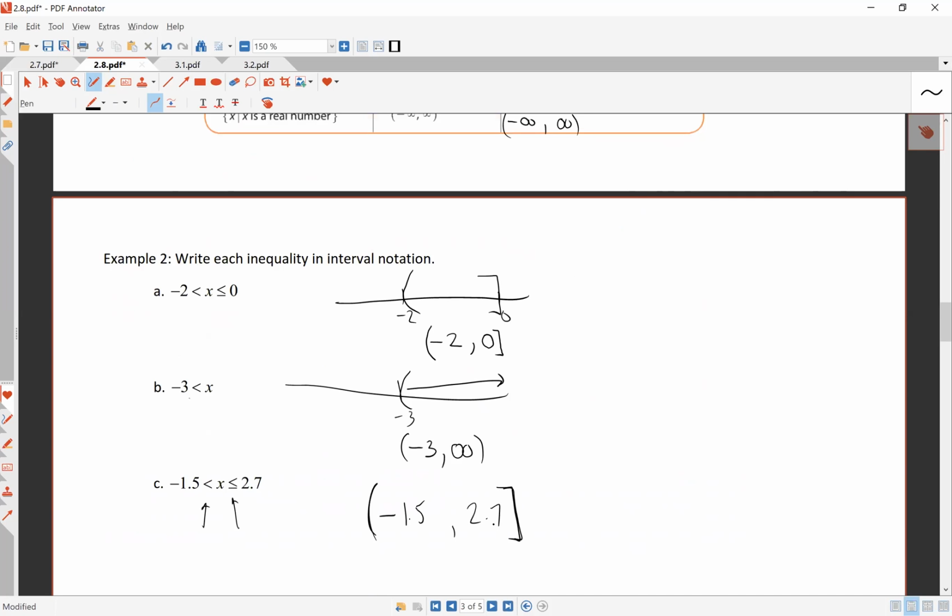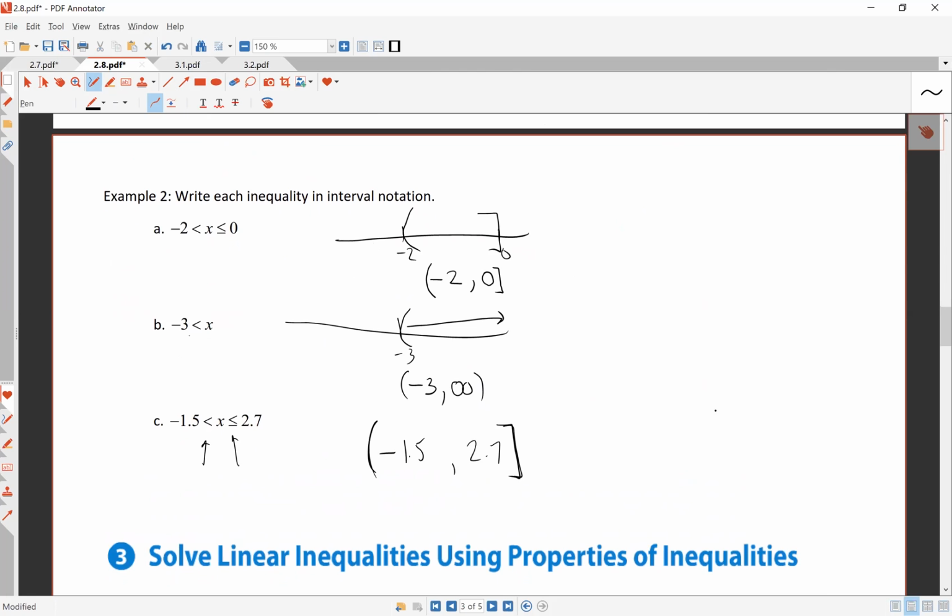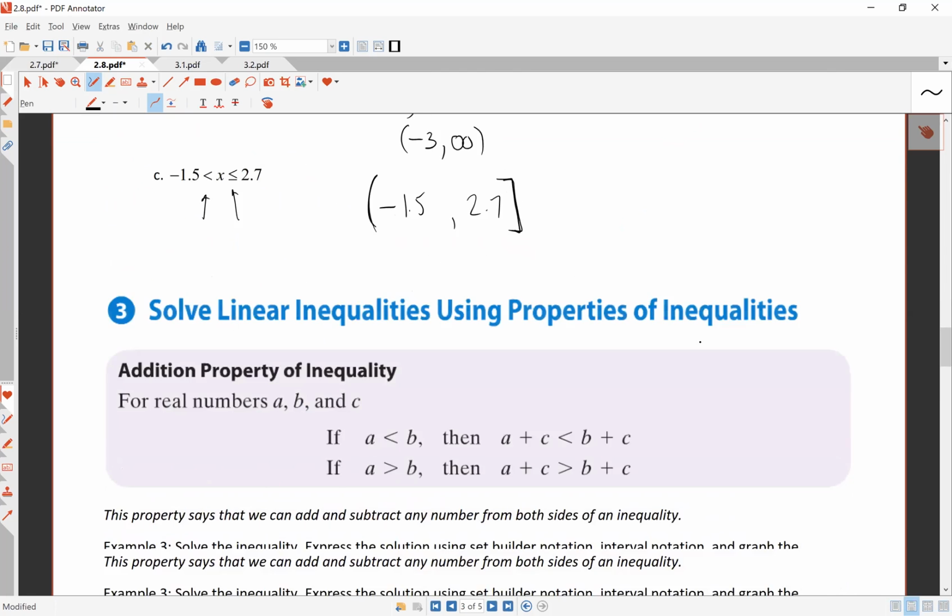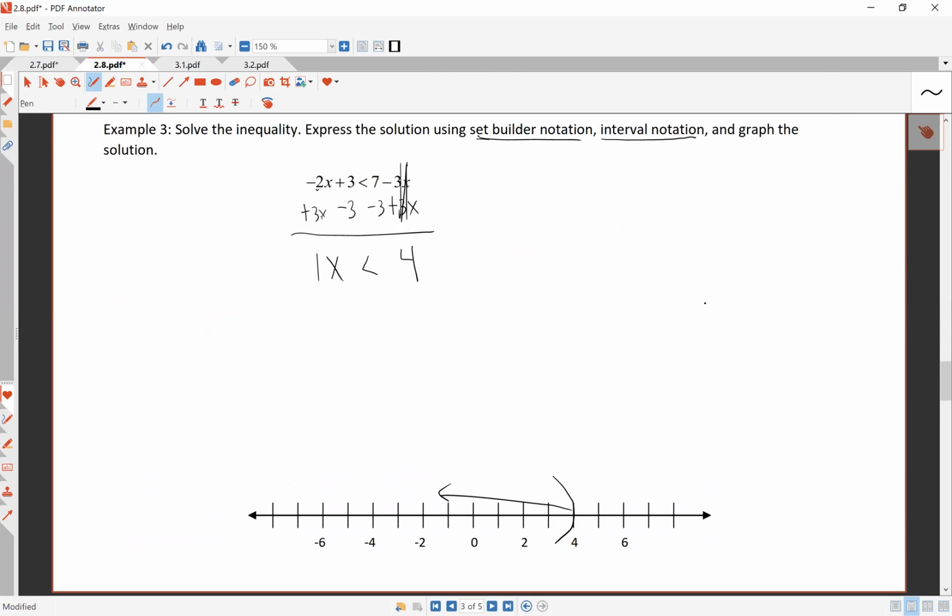And then we include and not include, so parenthesis and bracket. And so x is less than 4, our interval notation is from negative infinity to 4.